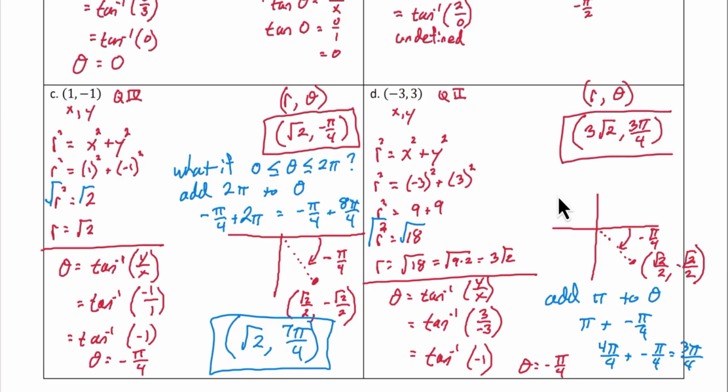And we now have the equivalent polar coordinate. Be very careful when you're given a certain quadrant to make sure that your equivalent polar form point is also in the correct quadrant. Sometimes there's a little bit of extra work, as we saw here, to take it from Q4 over to the correct place, and in this case, in quadrant 2.